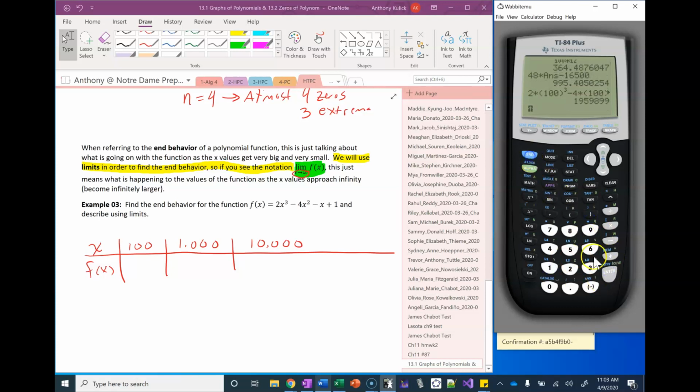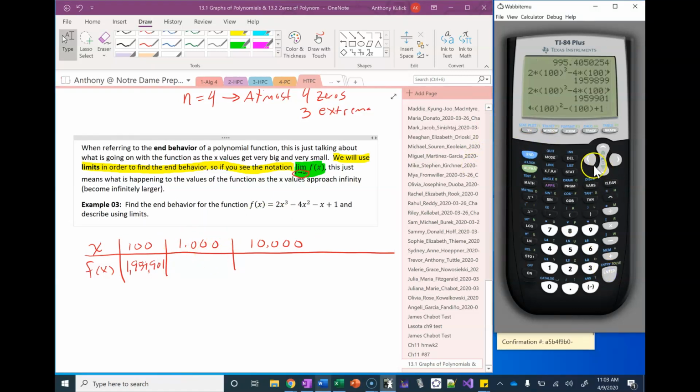Oops. Forgot the parenthesis at the end of that. I don't think it'll make a difference, but let's just make sure we get it. Okay, so we have 1,959,901. And now let's replace that 100 with 1,000.